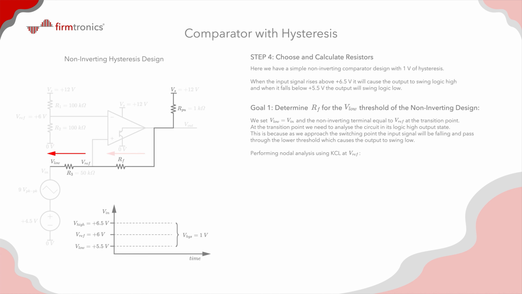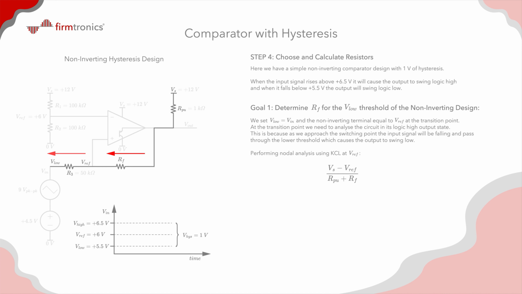Okay, so let's start with the arrow on the right hand side. At higher potential we have V sub S, and at lower potential we have V sub ref. So it's V sub S minus V sub ref divided by the resistance, which is R sub Pu plus R sub F. Then we know from Kirchhoff's current law that whatever goes in must come out.